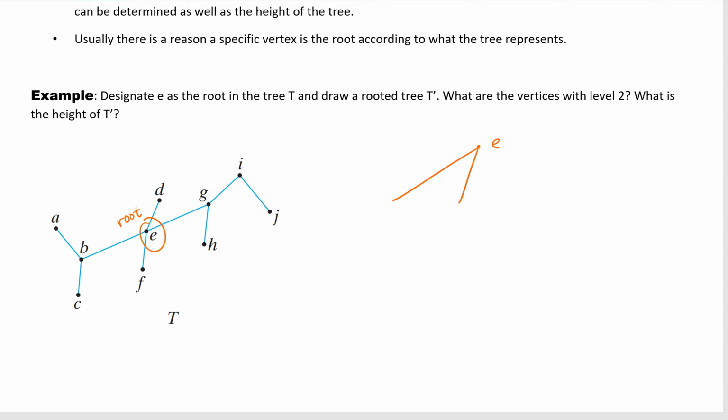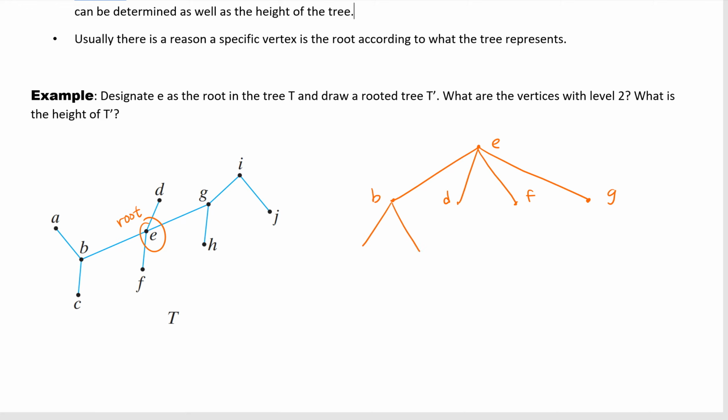The vertices adjacent to E are going to be the first level. So we have B, D, F, G. Then let's look at B. What are the vertices adjacent to B?